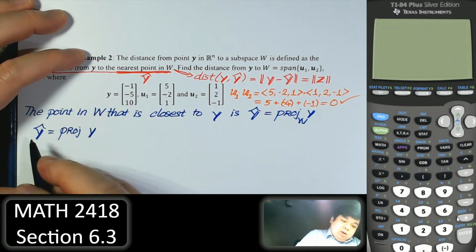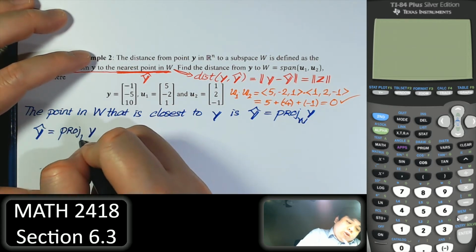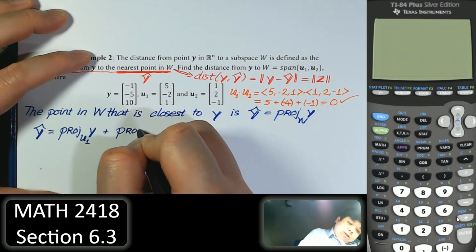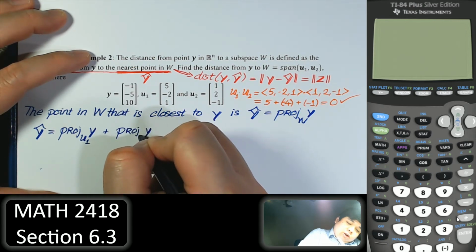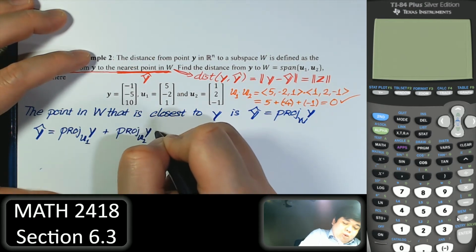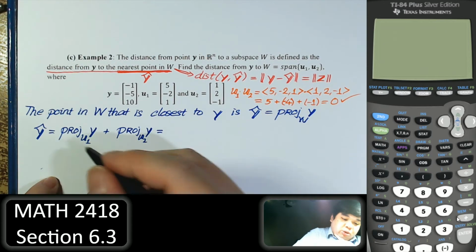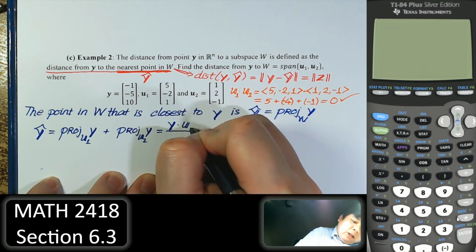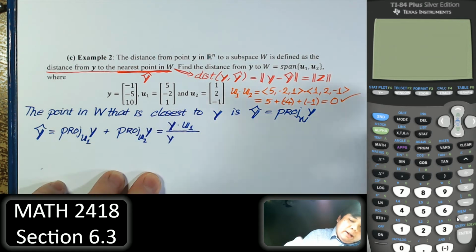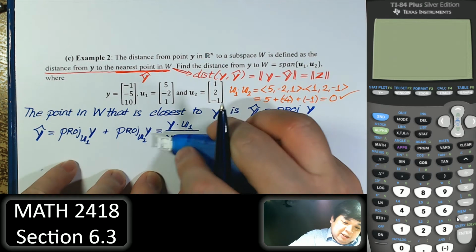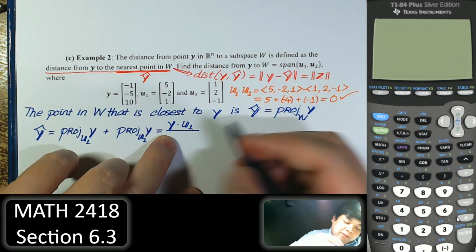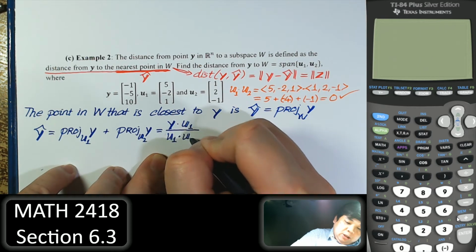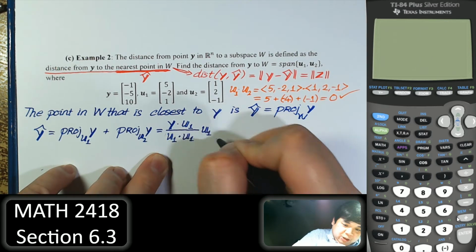Say the y hat is the projection of y onto u1 plus the projection of y onto u2, because the vectors u1 and u2 are orthogonal to each other, so we certainly can use that. So y dot u1 over u1 dot u1.